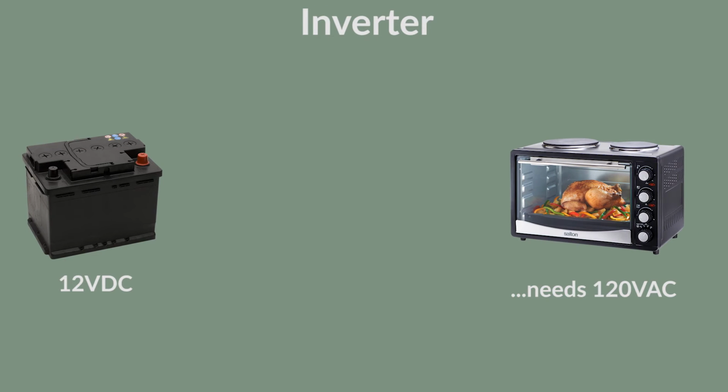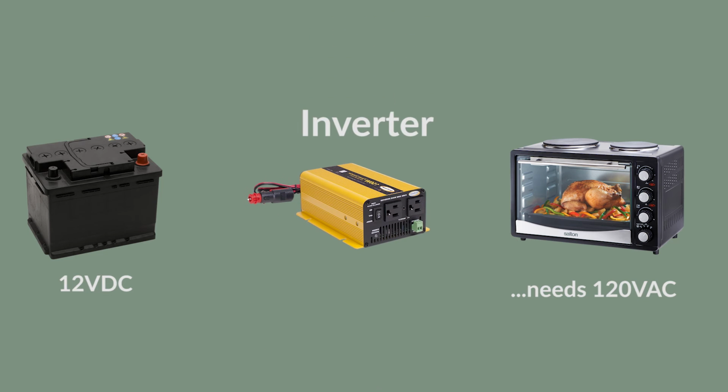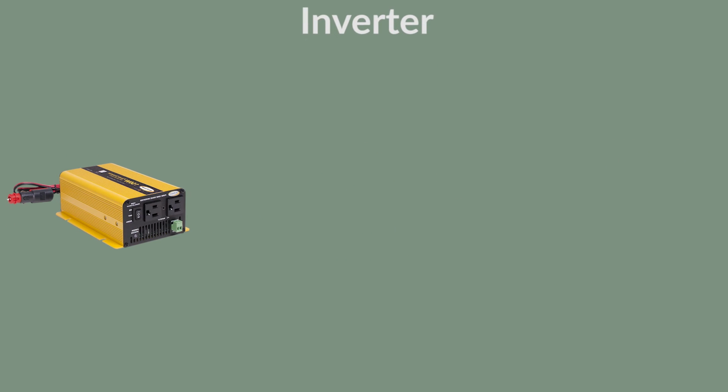Now that we stored the energy in a battery, we have one more step to complete before we can access our power. Batteries have very low DC, direct current power, which can't provide enough energy to power most electronics. What is needed is AC, alternating current, power, which works well in high voltage. To understand how an inverter works, you first have to know the fundamental difference between DC and AC electricity.